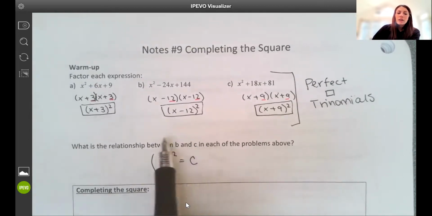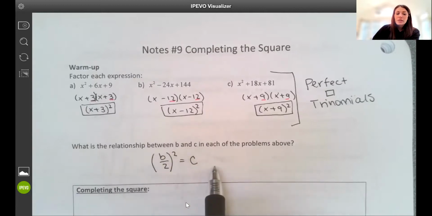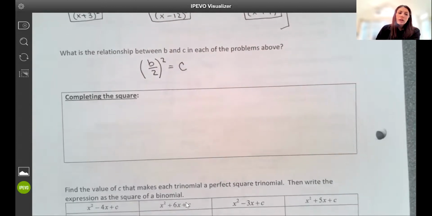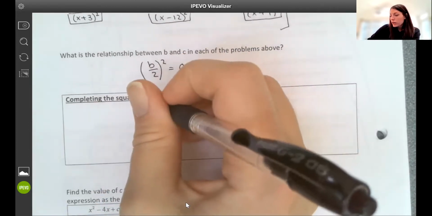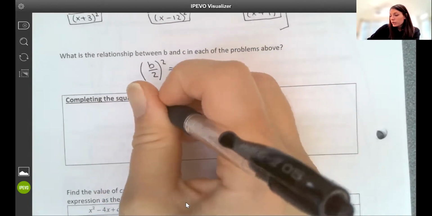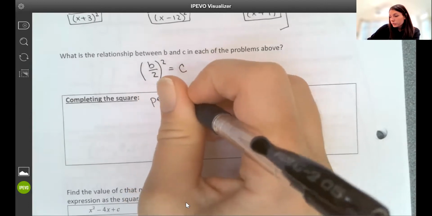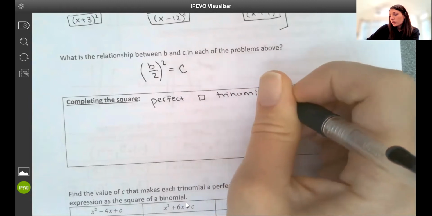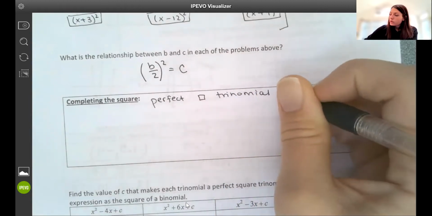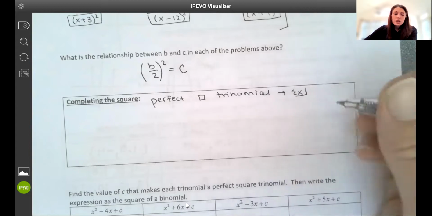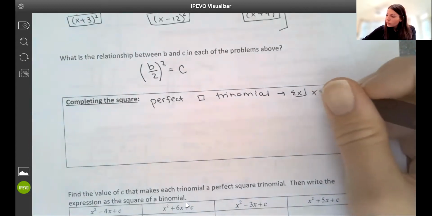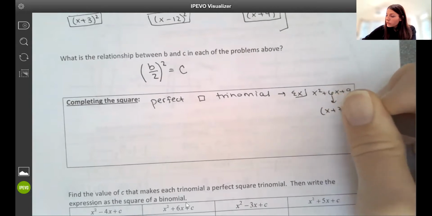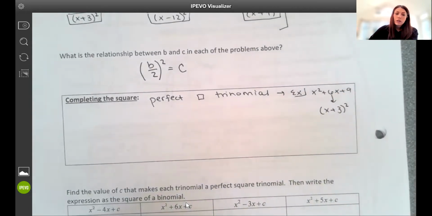And so we use the fact that this relationship exists to do what's called completing the square. Now, completing the square really means we're creating a perfect square trinomial. Okay, so a perfect square trinomial, like the one up above, where we know it factors into a single parenthesis squared, okay?